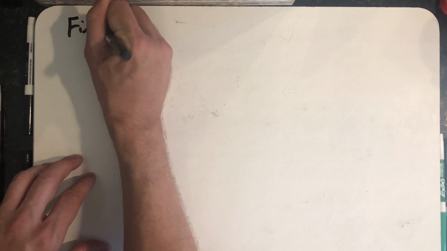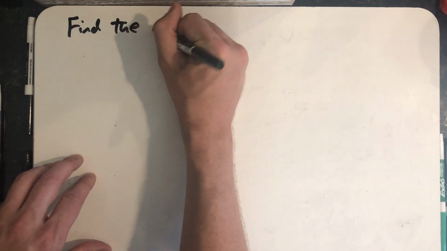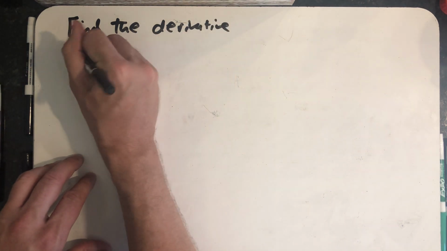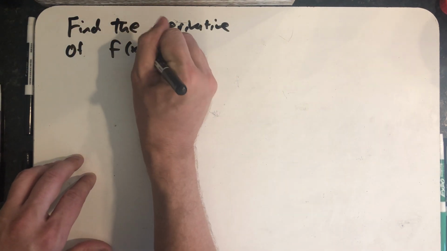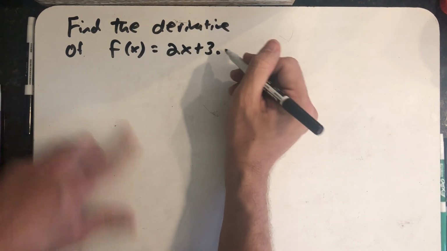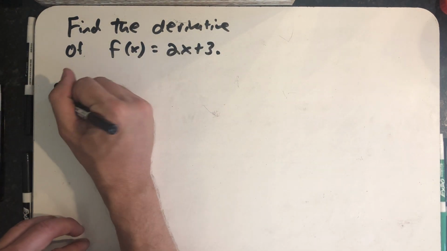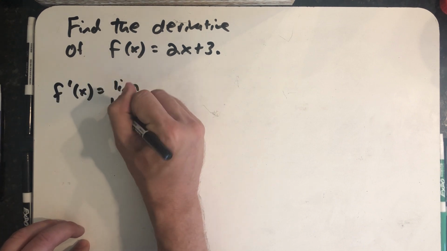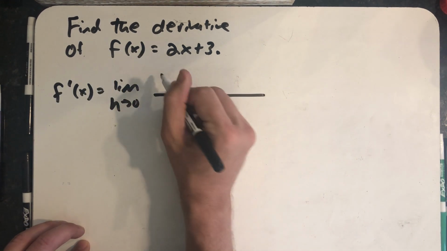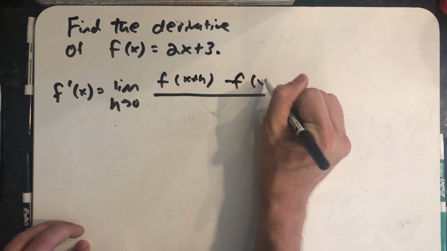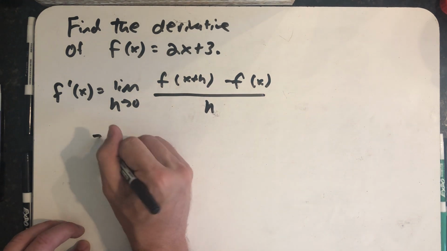Find the derivative of f of x equals 2x plus 3. All right, well, f prime of x is equal to the limit as h approaches 0 of f of x plus h minus f of x all over h.